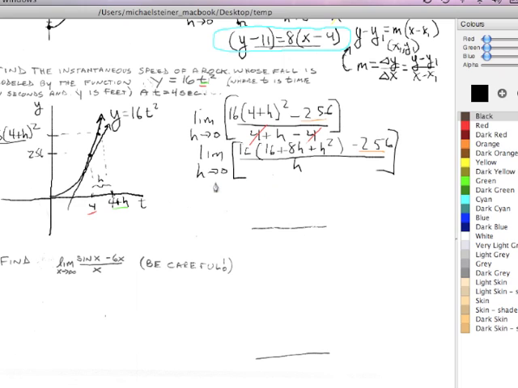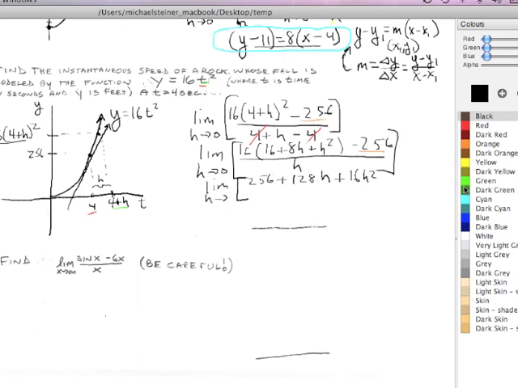And now is when you start getting excited about canceling stuff. 16 times 16 is 256. 16 times a positive 8h is 128h, plus 16 times h squared.